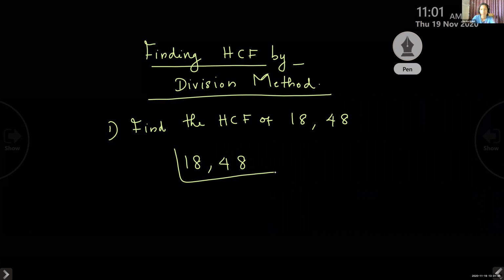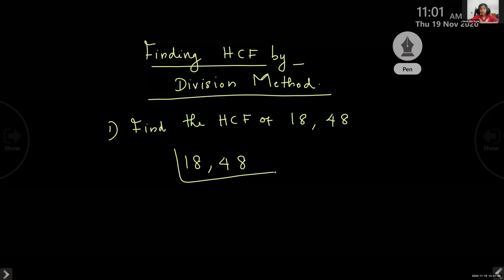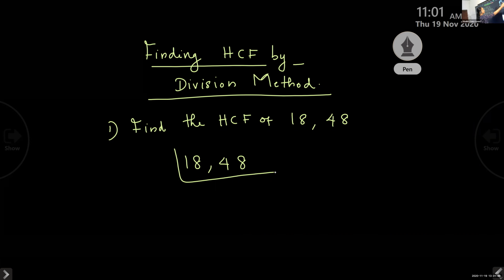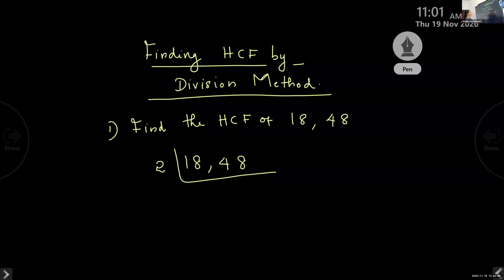But here we are not doing like that. We are using only common numbers. Which is the common factor? You take the number which can divide both the numbers. Don't take 1. So the common number is 2.